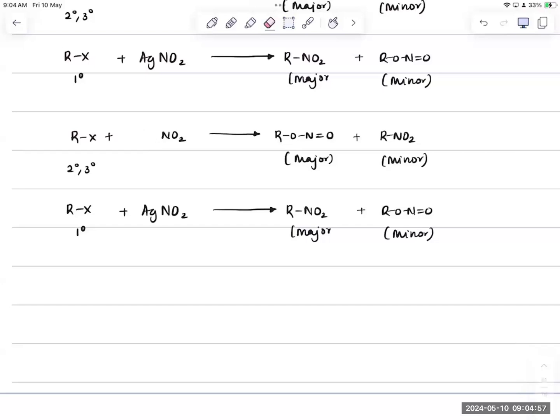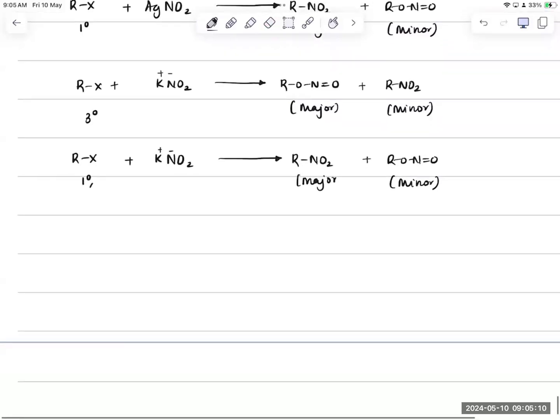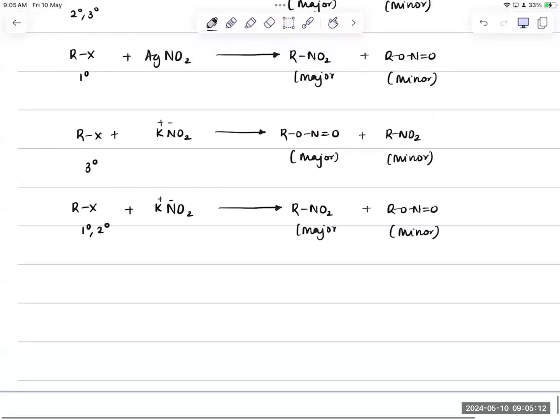Now, in case of KNO2, it is always completely ionic. KNO2 is completely ionic because it is K plus and NO2 minus. So now what you will notice is here, right? For 3-degree only, you will notice this. For 1 degree and 2 degree, you will notice this. Got it? So in case of 1 degree and 2 degree, you will notice that RNO2 is major here.